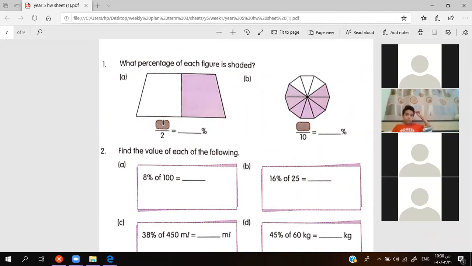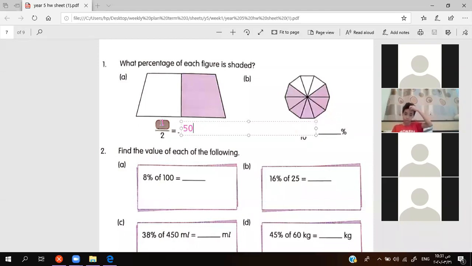This half is equal to what percent? With your mind, you already see that you colored half of the shape. So half of the 100 is what? It's 50. These are things you will know after using them a lot. So half is 50.